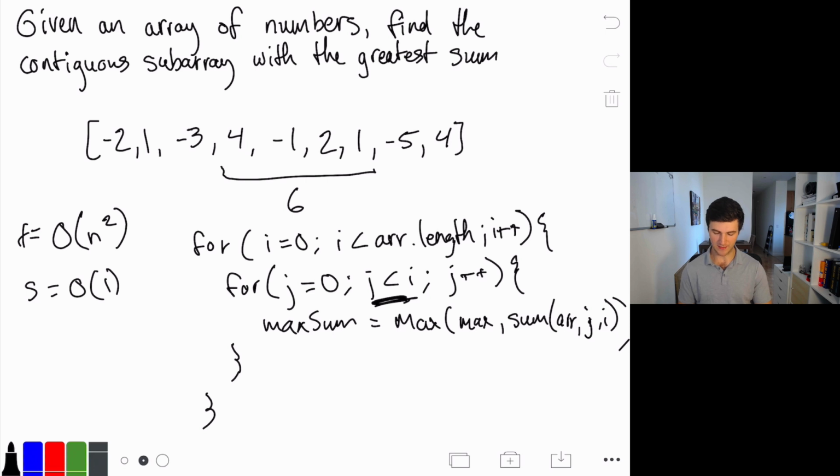The most obvious thing that's a lot of extra work is that we're computing this sum again and again. What that means is that we're summing up pieces of the array multiple times. Let's say that first I look at this subarray here, and then I look at this subarray here.